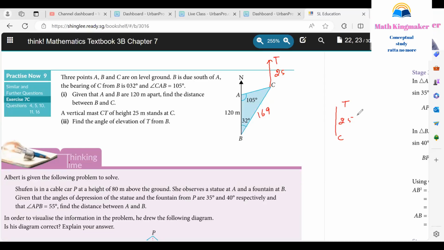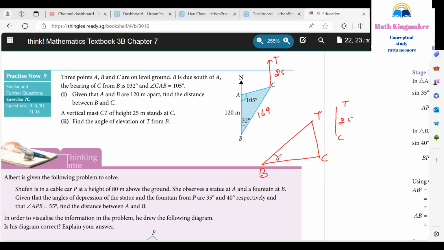This BC will be perpendicular to CT, isn't it? Yes, sir. Okay. Sir, so can we use tan again for perpendicular and base? Yeah, so this triangle will look like this. It is C, it is T, and now it is B. So you have to find that angle of elevation, this one. This one will be your angle of elevation.